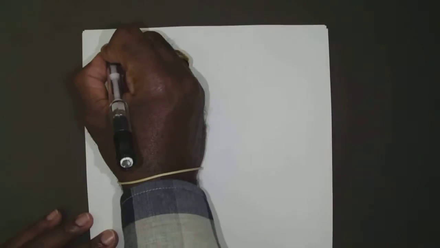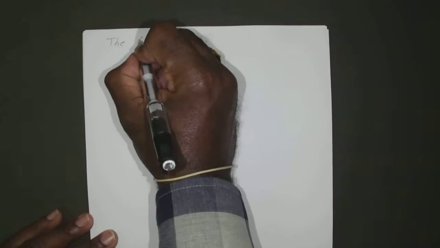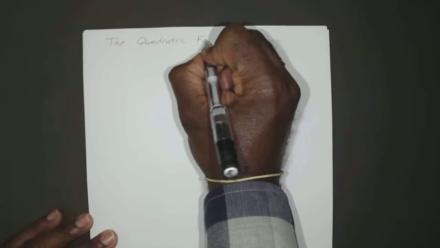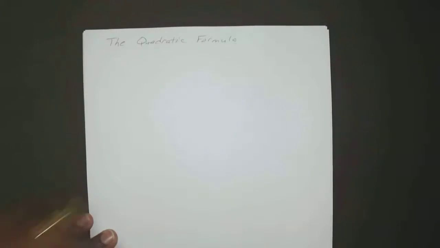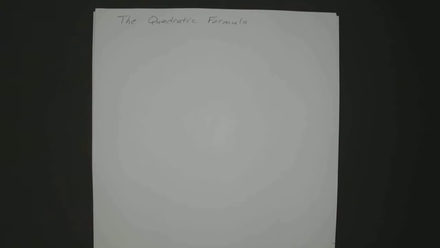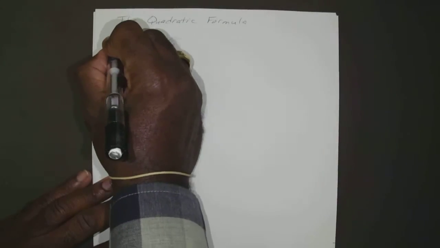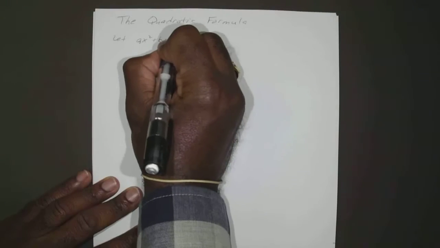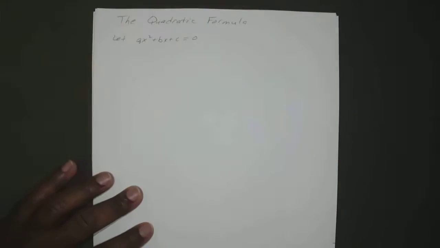Okay, so now we're going to cover the quadratic formula. Okay, so what if we let ax squared plus bx plus c equals 0 represent our quadratic equation?